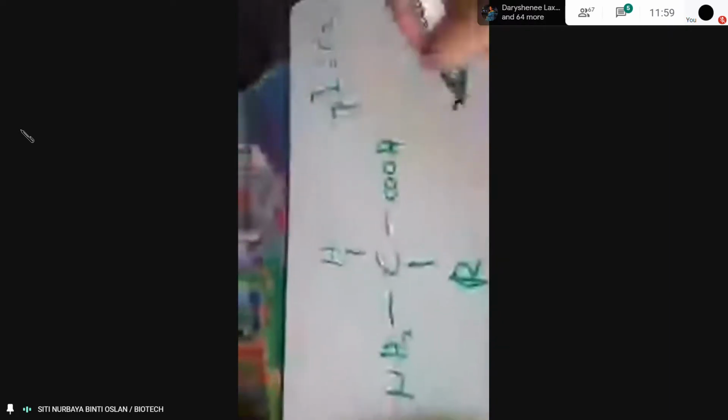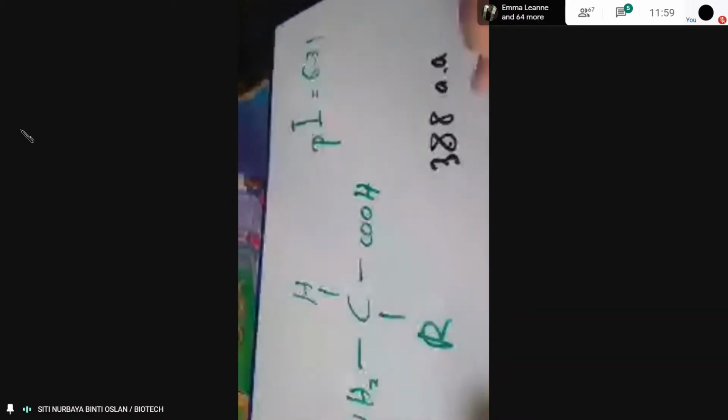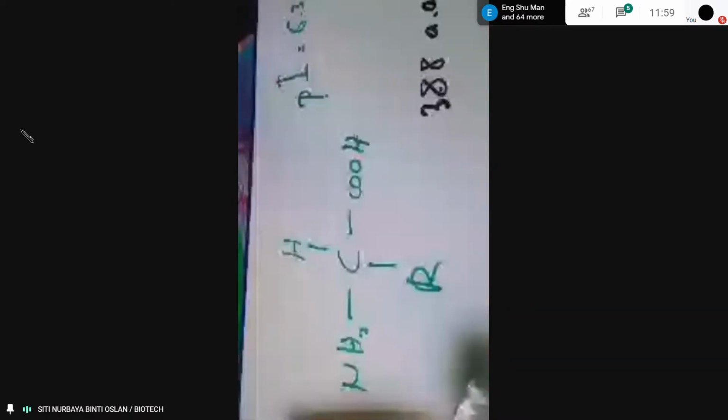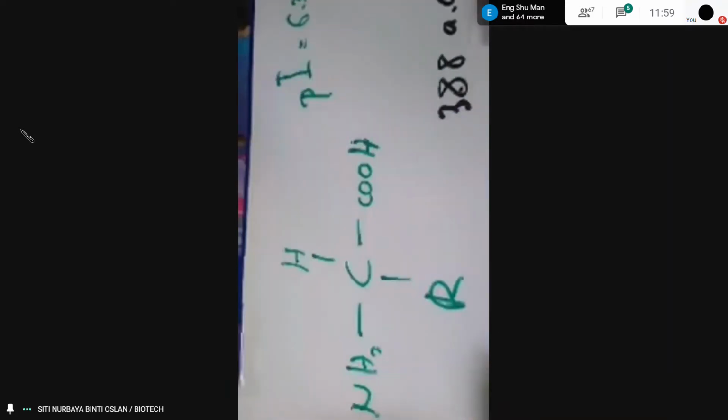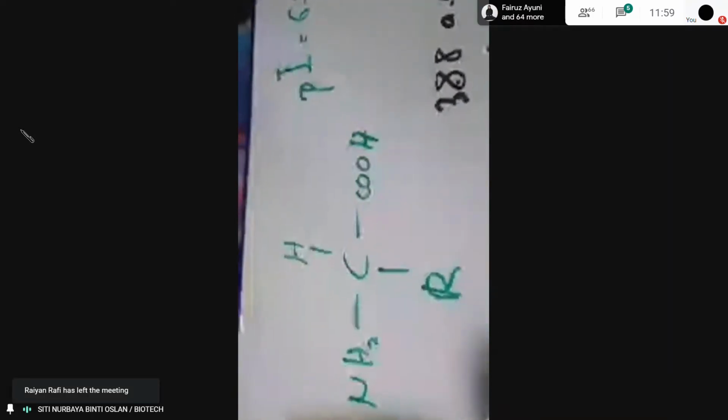The mature sequence of T1 lipase consists of 388 amino acids. So we have this 388 in T1 lipase.